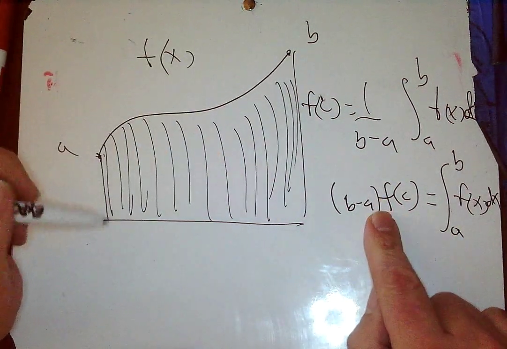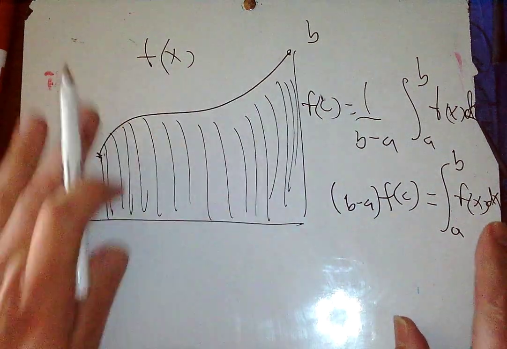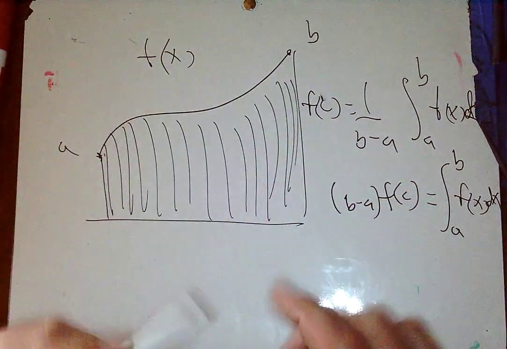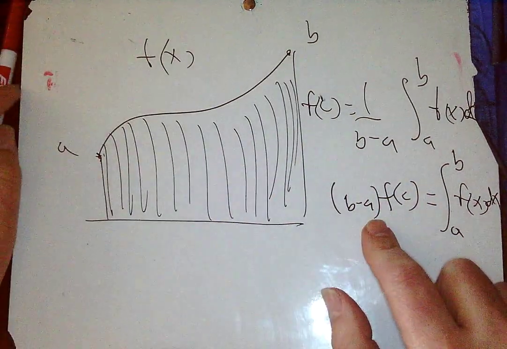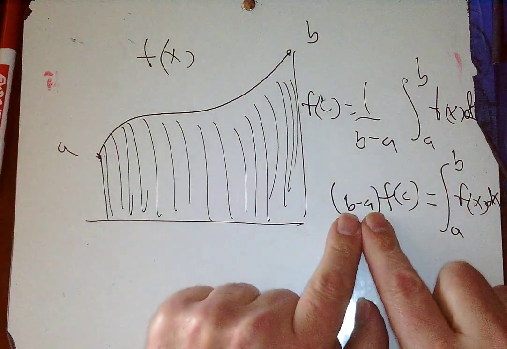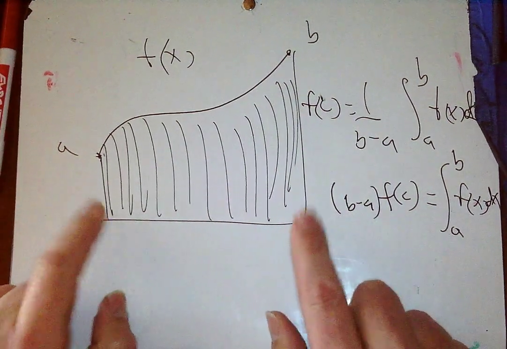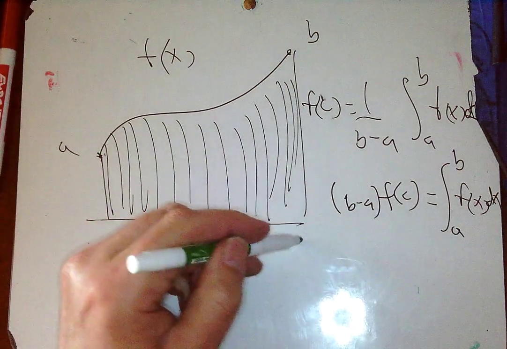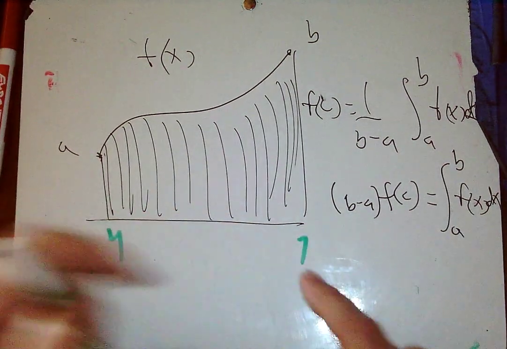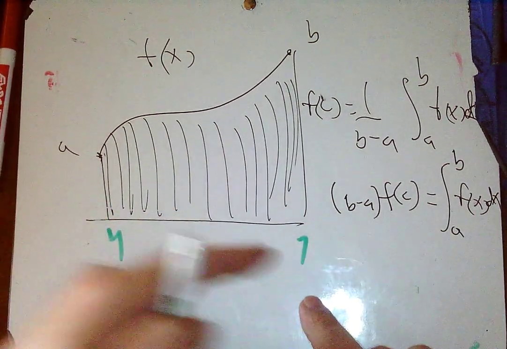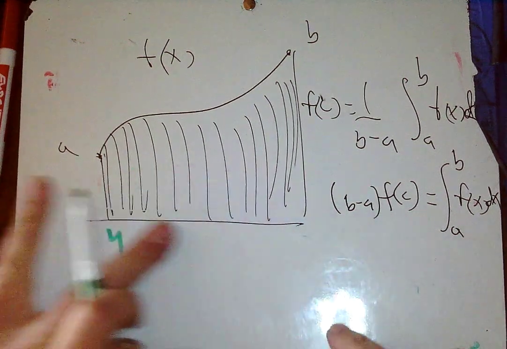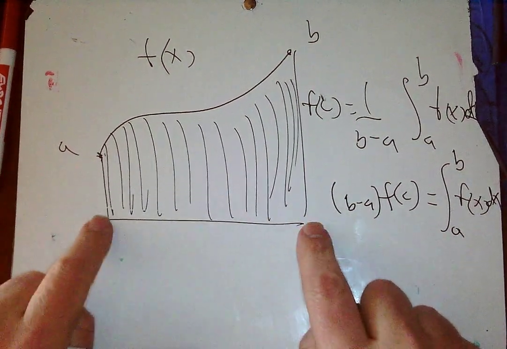So what's this? I know over here I'm talking about all that area. But here we're saying b minus a, that's this distance. If this was 7 and this was 4 and I wanted to know what that distance was, I would do 7 minus 4. b minus a is this distance.